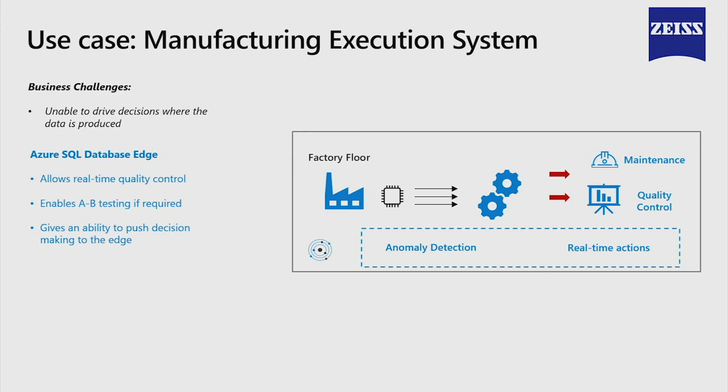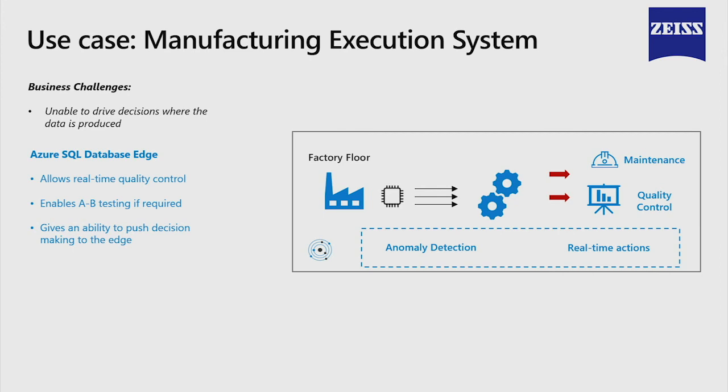So you have the ability not just to predict or react faster, you also have the ability to A/B test. For example, if they got a huge order and need to change the parameters to produce things faster, they can test with one production line just by pushing the settings into that line and checking quality, as opposed to making a change to the central system which modifies everything.